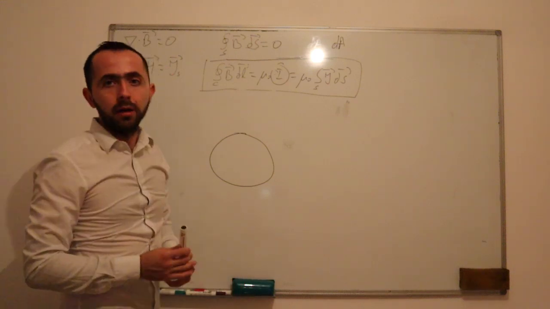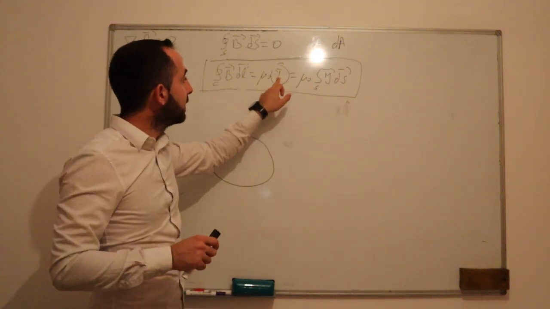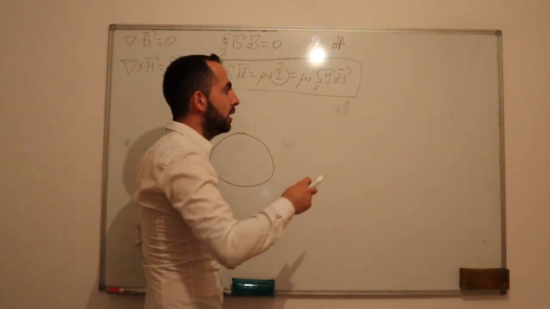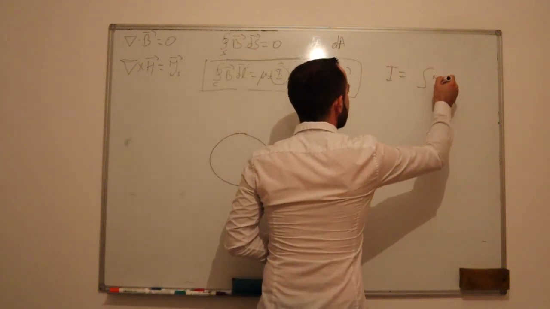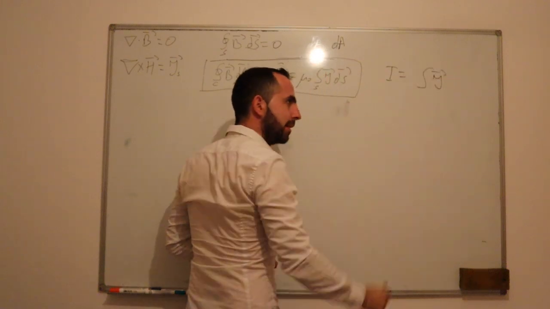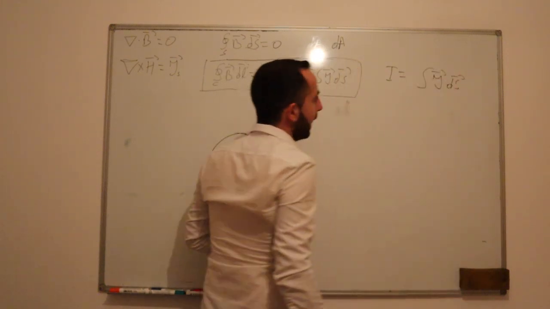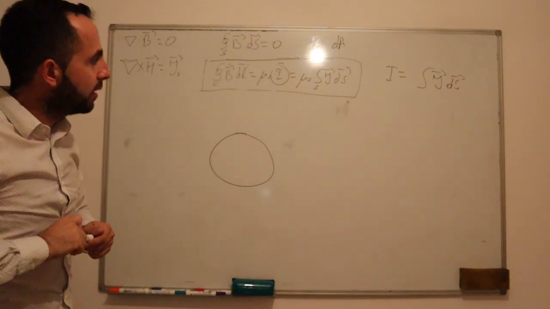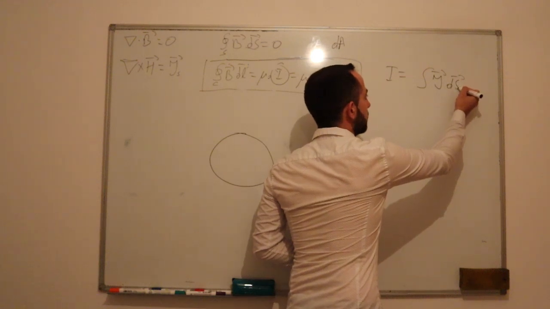We must remember from DC currents that the current is equal to the integral of current density times the elementary, infinitely small surface.